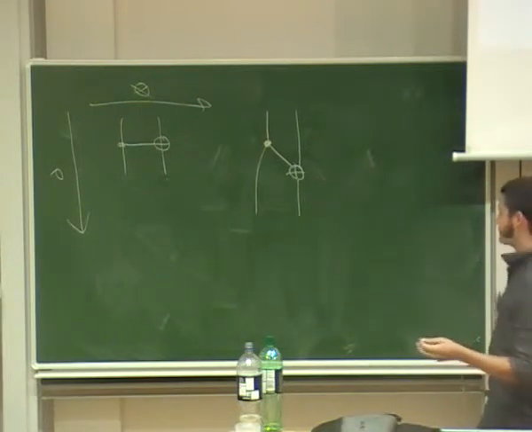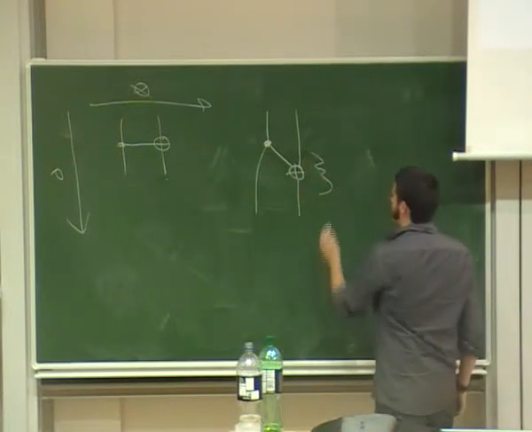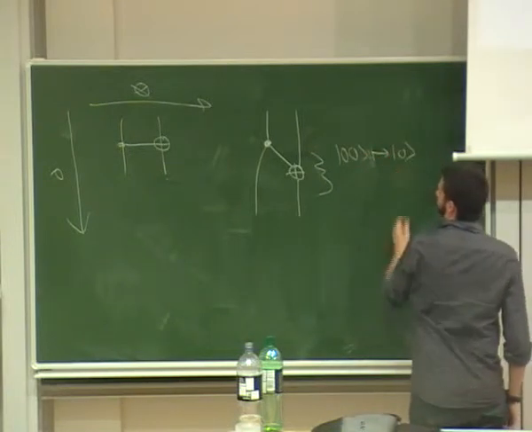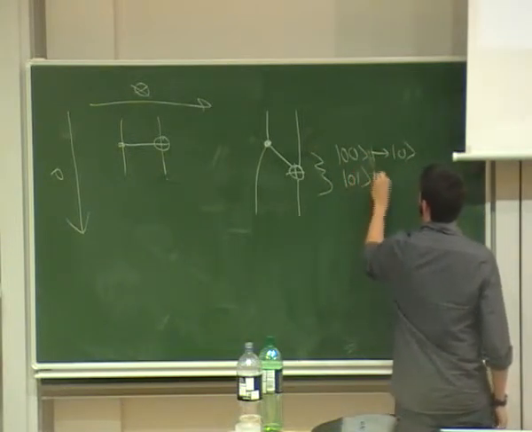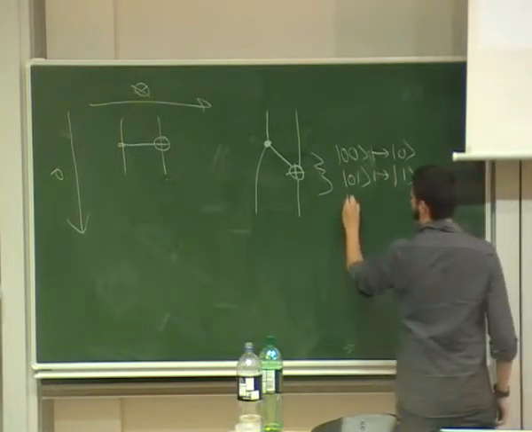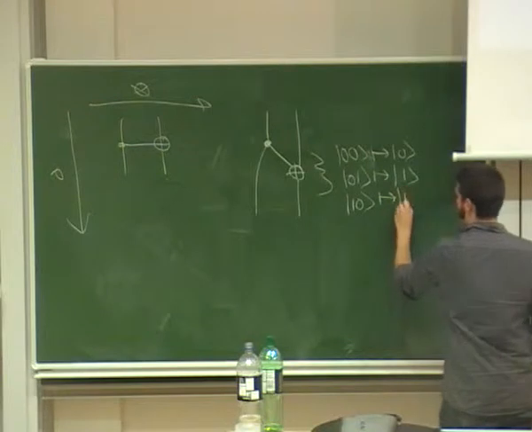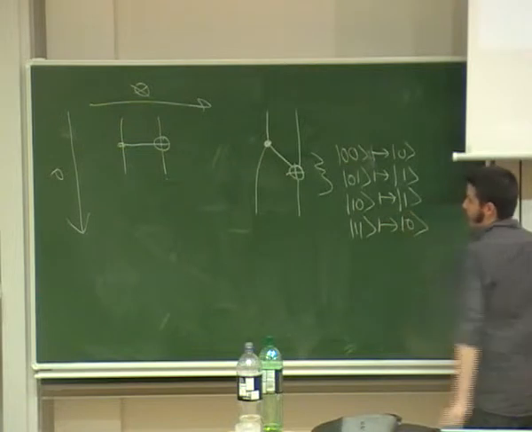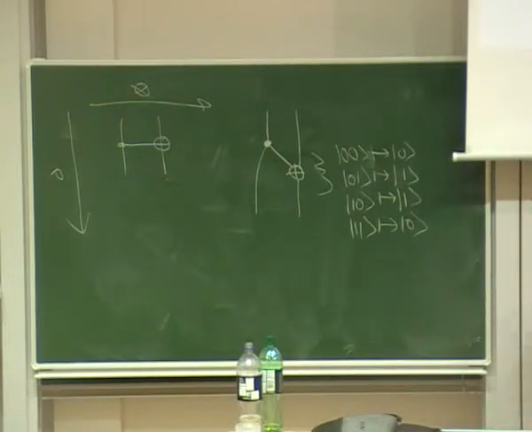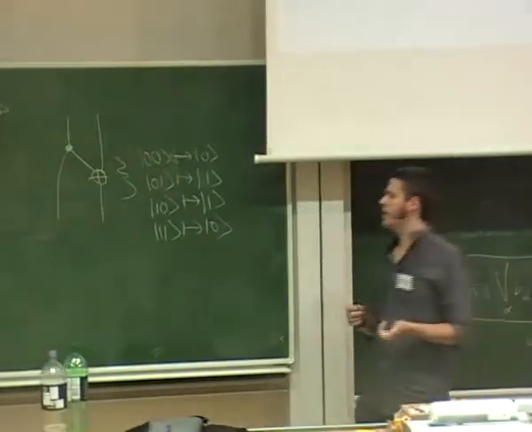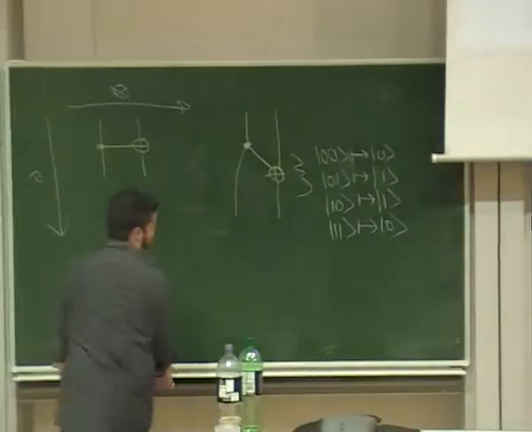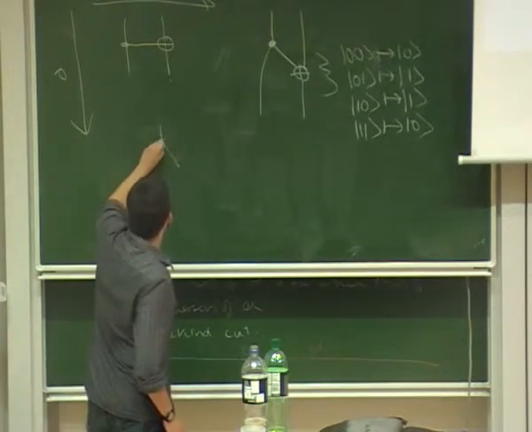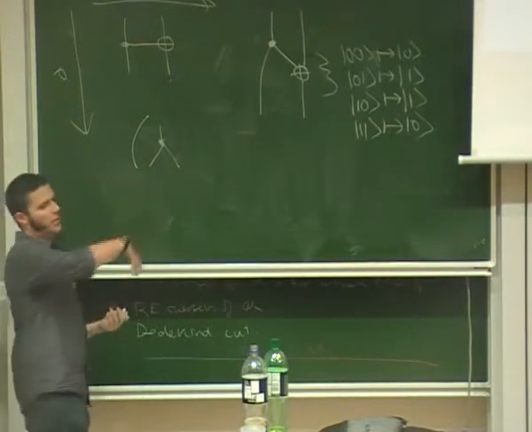So this thing's just an XOR, which I can draw suggestively with kets. Now you have something that looks like a copy.